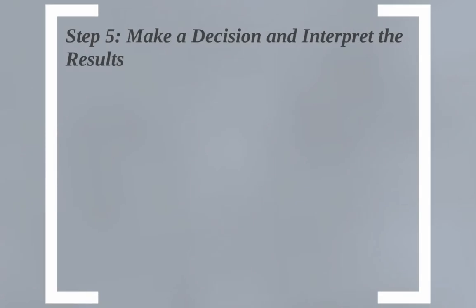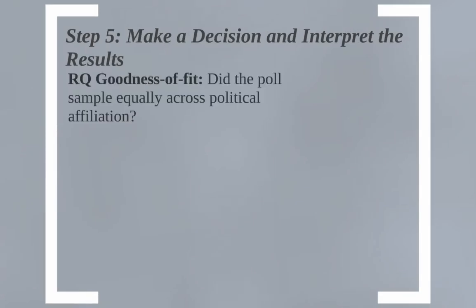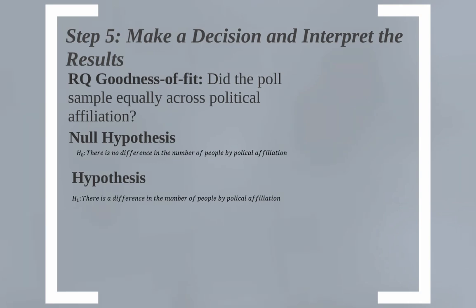So let's make a decision, right? So we have our research question here. Null hypothesis, there is no difference in the number of people by political affiliation. Research hypothesis, there is a difference in the number of people by political affiliation. And so again, we reject the null hypothesis. So what we're stating is that there wasn't equal sampling across the 3 political affiliations.